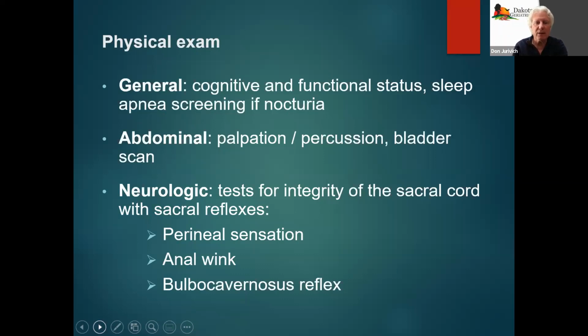The general approach to the physical exam is to do memory testing, right? Because remember, dementia is associated with urinary incontinence. You want to look to see if there's any issues with transfer and walking ability. Slow gait speed, for example, might be associated with urinary incontinence for a couple of reasons.